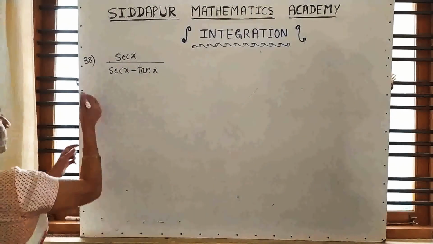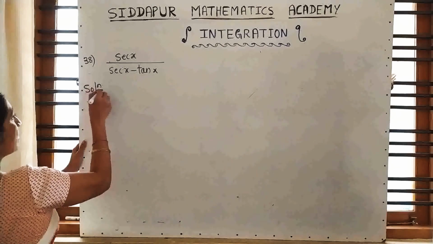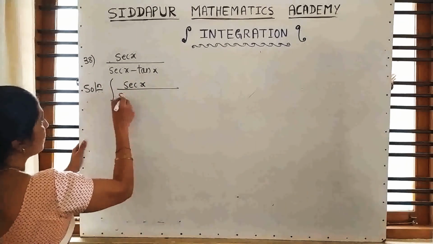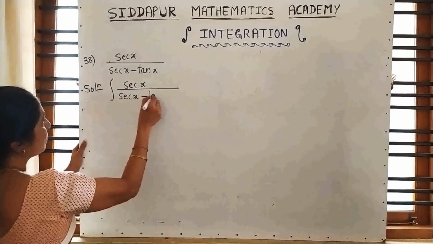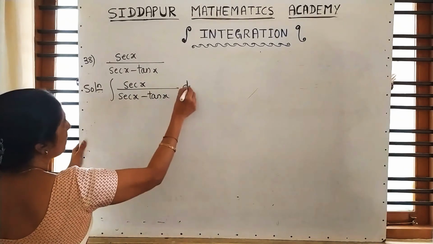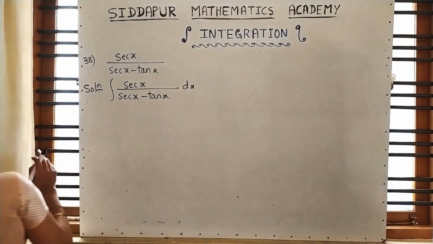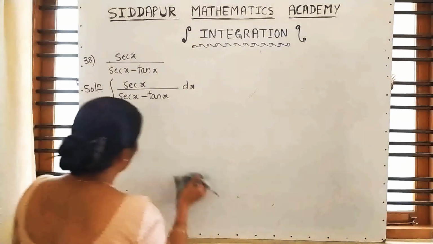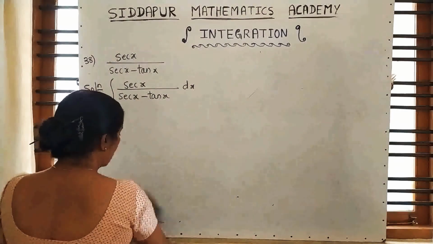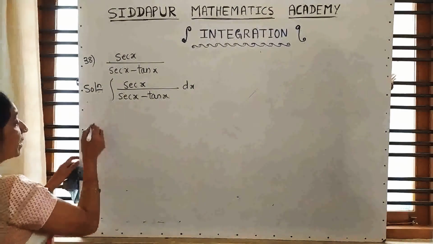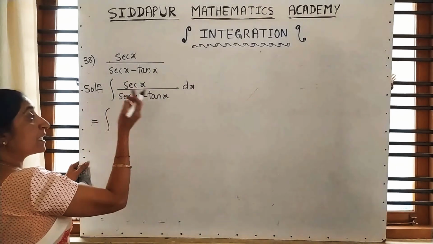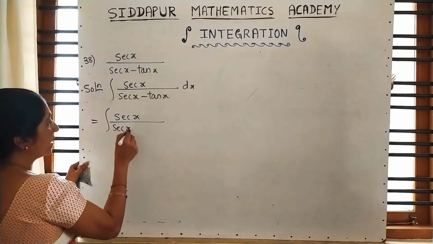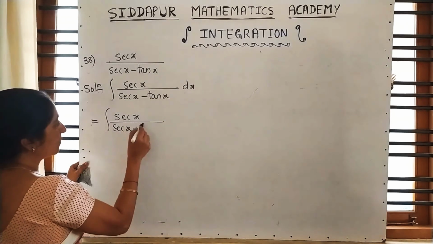So first step, write down with the integration sign. Already we are familiar. We don't know the integration of u by v. Then what we have to do? Here I am rationalizing the denominator. I am multiplying both numerator and denominator by secant x plus tan x. If you multiply both numerator and denominator means there is no change.